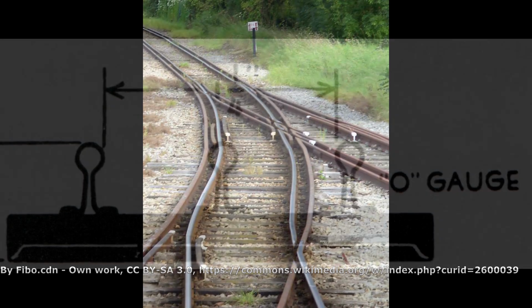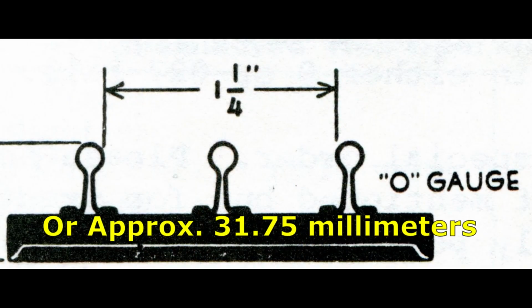In model railroad terms, O gauge, and while technically it should be 0 gauge, but that's another story. Anyway, O gauge refers to any train running on track that is 1 1/4 inches between the outmost rails.